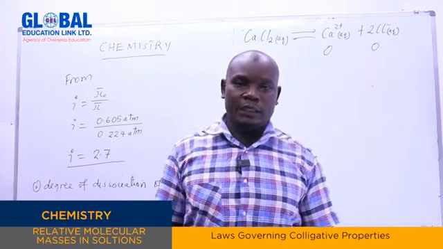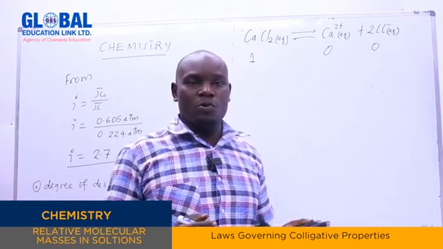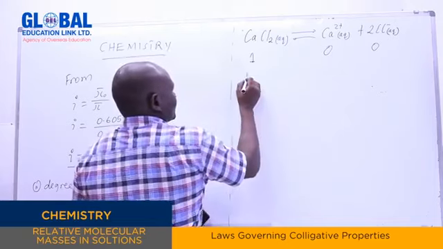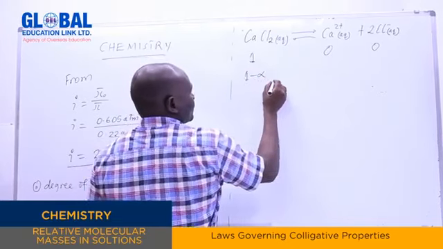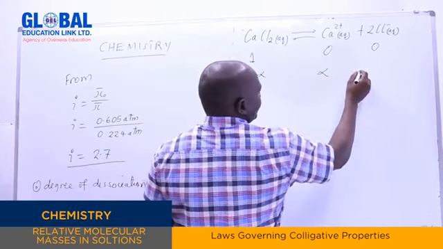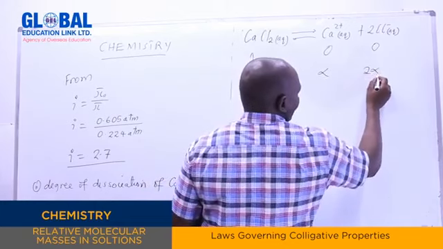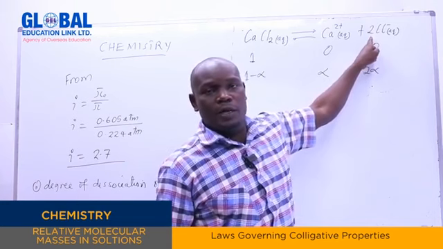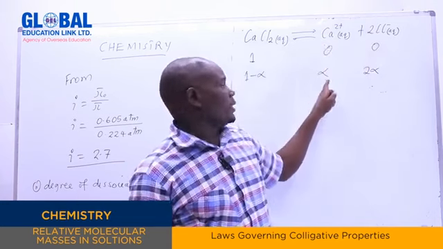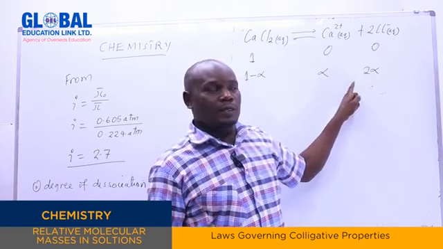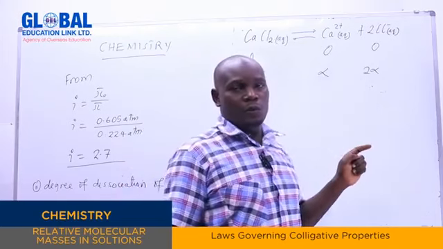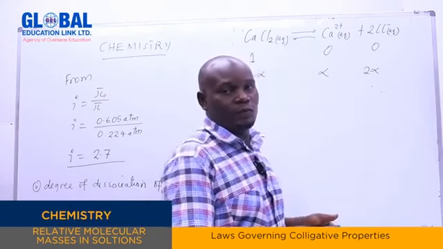But after dissociation, a certain amount of calcium chloride dissociates into its ions. Here will be alpha, and here there will be 2 alpha, 2 because of the 2 moles of chloride ions. Here it is 1, that's why it's alpha. Here it is 2, that's why we put 2 alpha. Now the total number of moles after dissociation and before dissociation.